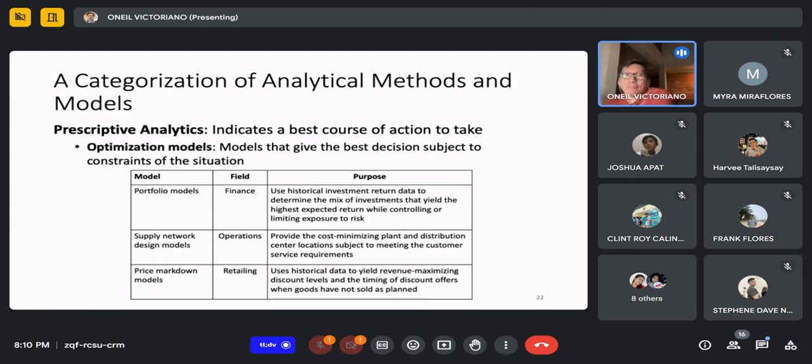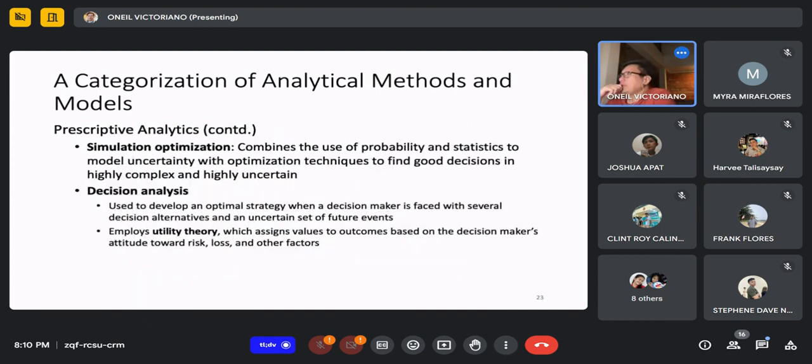So paano malaman kailan magma-markdown yung prices, or kailan natin i-markdown or we do sales? That's part of prescriptive analytics. So simulation optimization and decision analysis. These are prescriptive analytics.